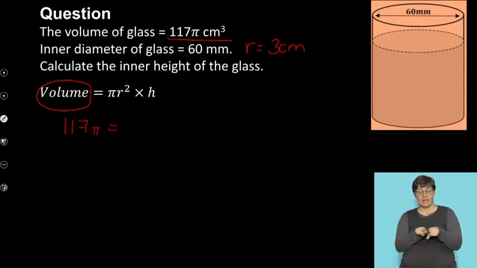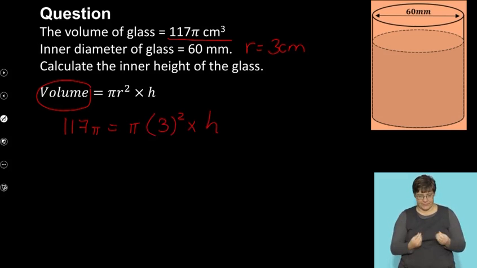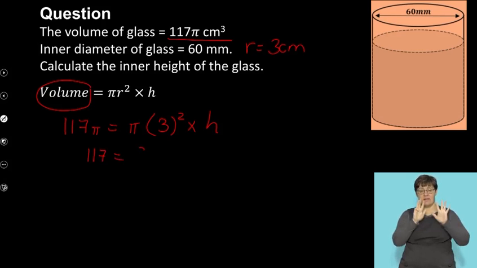This has been multiplied by pi times my radius squared, which is 3 squared, and this is going to be multiplied by my height, which is missing. Initially, I can actually just drop the pi's because if I divide both sides by pi, they will cancel. So 117 will be equal to 9h.